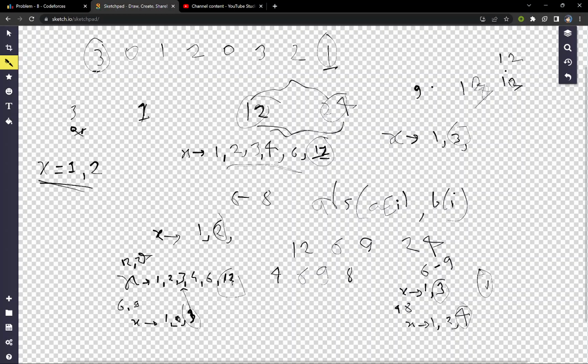So the only optimal x for this is x equal to 1. If we take another example as 6 8 and 6 9, here for 6 9 the x can be 1 or 3, and for 6 8 the value of x can be 1, 2 only. Here also the x will be equal to 1, the GCD of the numbers.